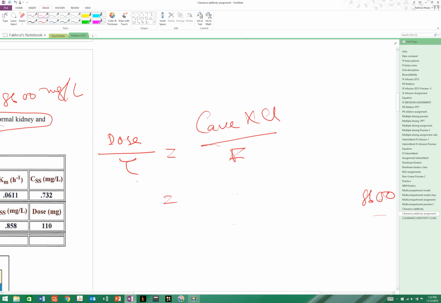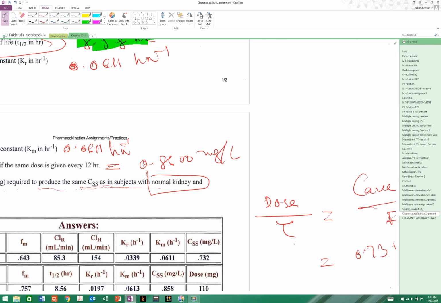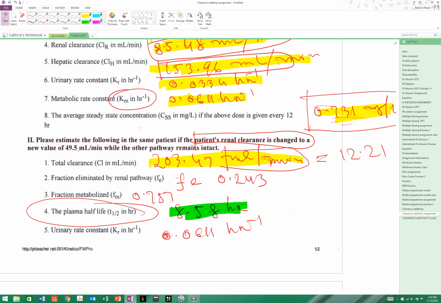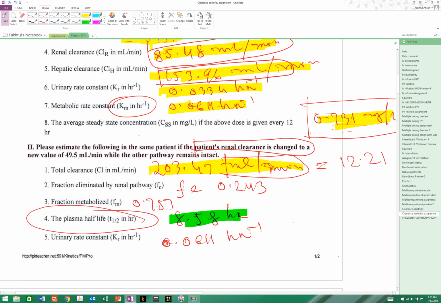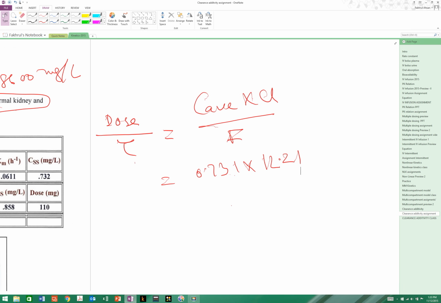So here use 7.31 times the new clearance of the disease patient, 12.21, the total clearance in liter per hour, sorry, liter per hour clearance.